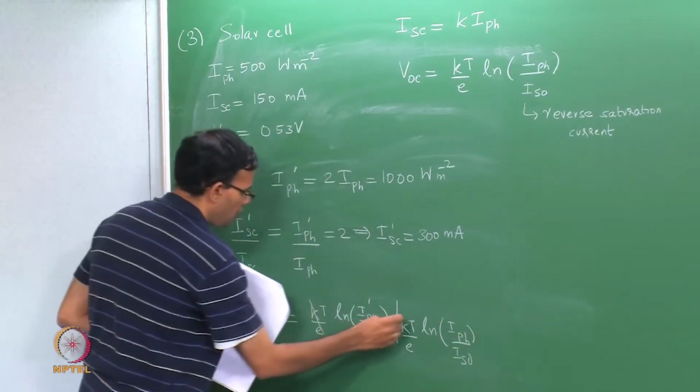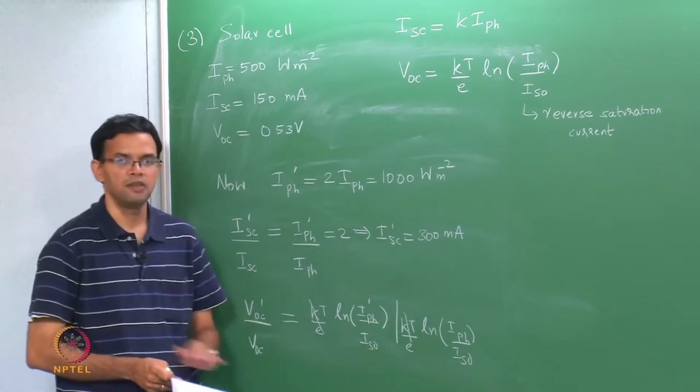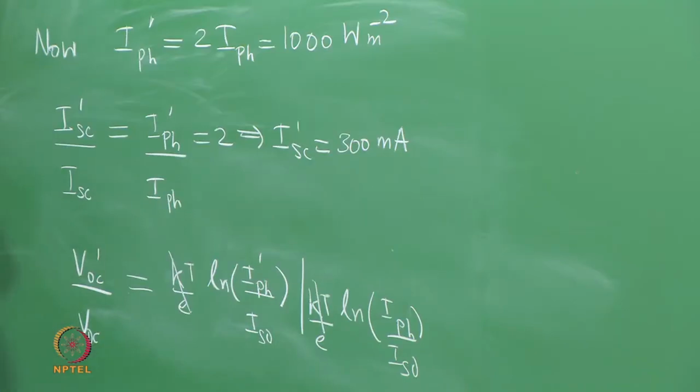So, kT over E will essentially cancel. This we can simplify because the values of IPH prime, IPH are known.